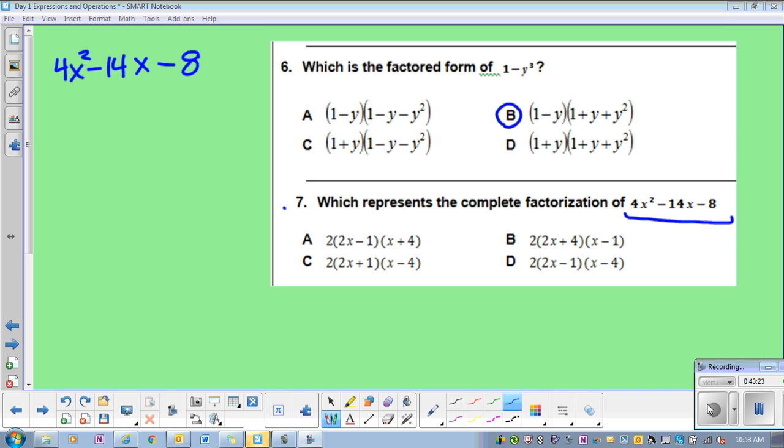Now, first step in factoring is what? GCF, thank you. 4, 14, and 8. Do they have a GCF? What is the biggest number that'll divide evenly into all of them? 2. Good. So let's divide everybody by 2.